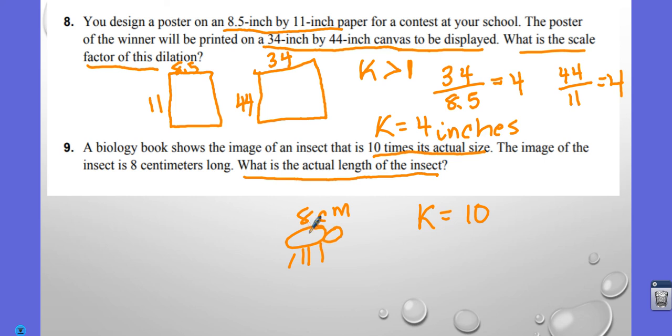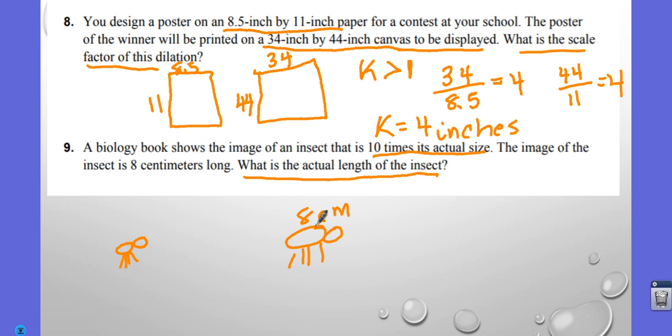So this is what they actually ended up with. It said that it is 10 times its actual size, so this was already 10 times something. So I need to find out the size of the insect before it got blown up.